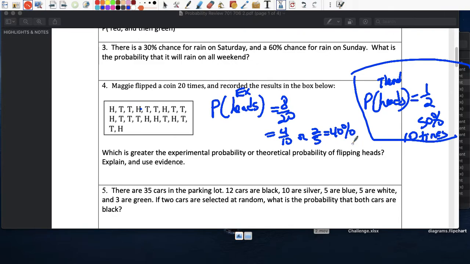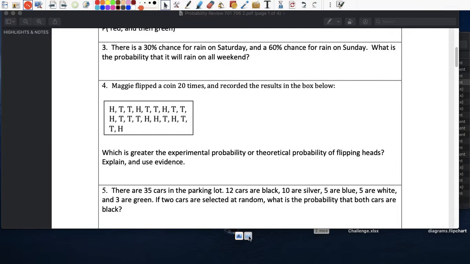Is that what happened in the experiment? No. It landed on heads 8 times. So how did they compare? Well, the experimental probability was a little bit less compared to the theoretical, what we predicted. So you can use all that to explain.